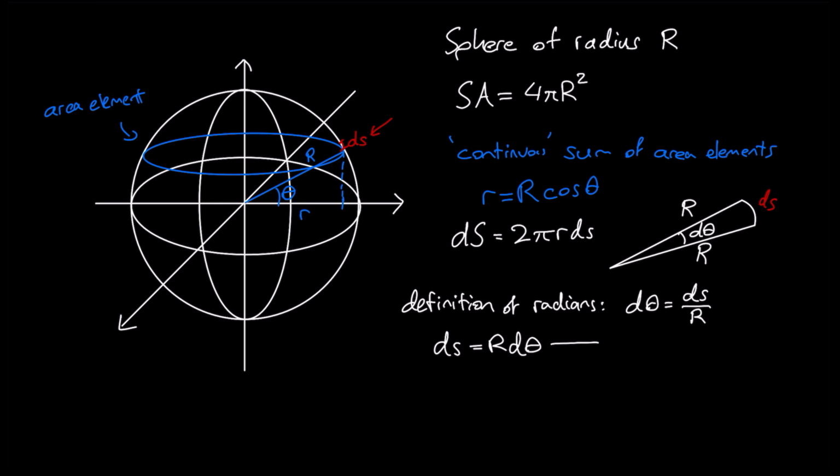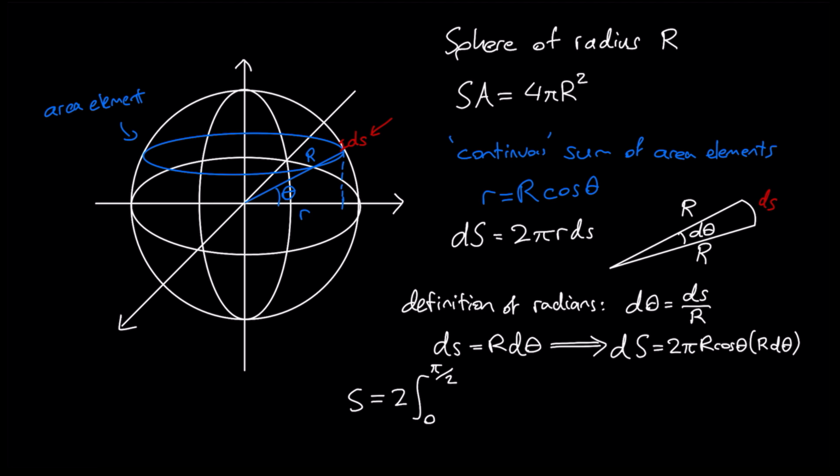So this tells me that my element of surface area is 2 pi capital R cos theta, because little r is capital R cos theta, times ds, which is capital R d theta. So my integral over surface area is going to be 2 times the integral from 0 to pi on 2.